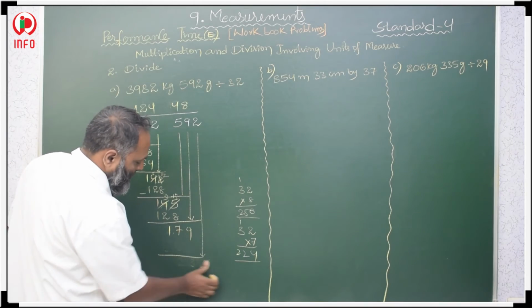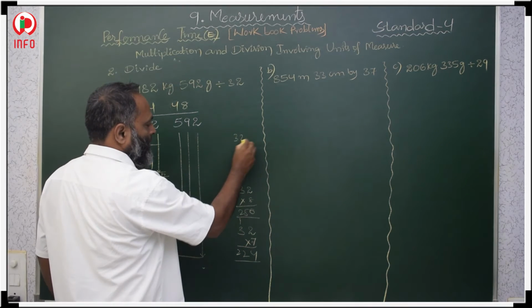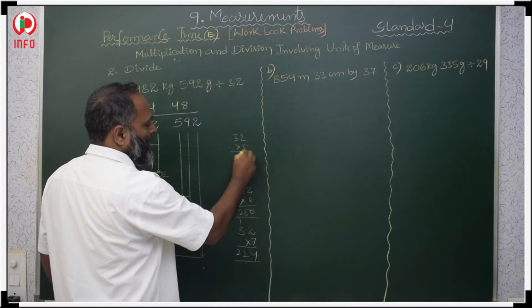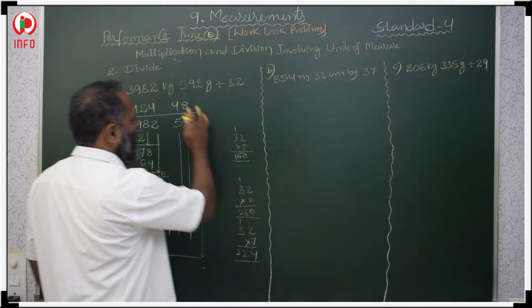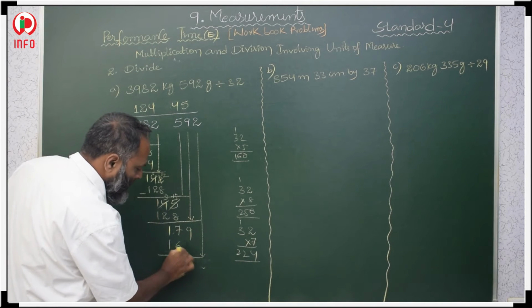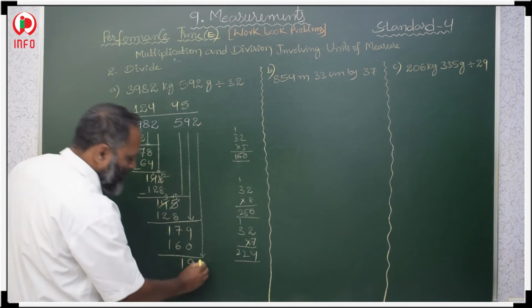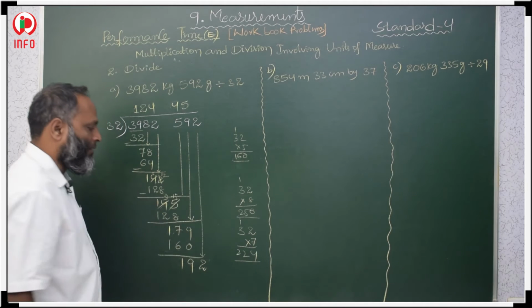So, when you will get 179 in 32, 32 5s are 160, now this is 9 and this is 1, then after that 2, 192.